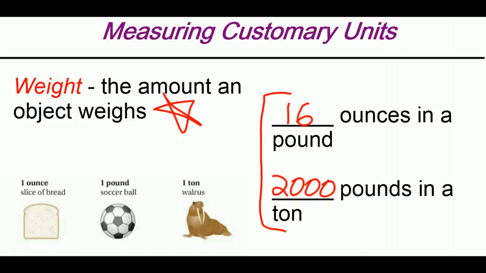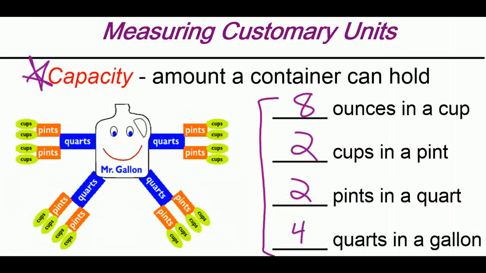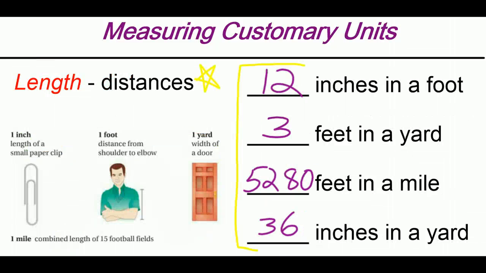What else could be measured with 1 ounce, 1 pound, 1 ton? When we look back at capacity, what sorts of things are measured in gallons, quarts, pints, cups, or ounces? And in length, things measured in inches, feet, yards, and miles. So for each of those units, go ahead and come up with an example of something else that can be measured using each of those units, and we'll go over more in class tomorrow.